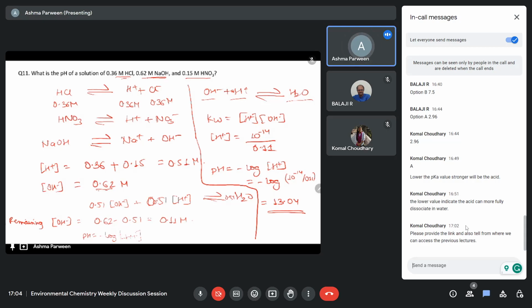It is only supported on Windows, I think, so you need to have Windows. You can download the software, and then in the coming lectures, sir will tell about how to use that software and how to solve the acid-base problems in it.